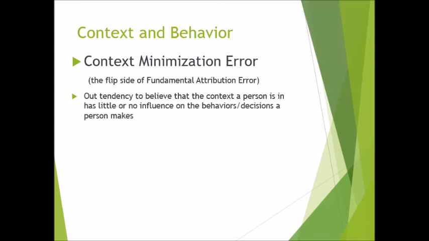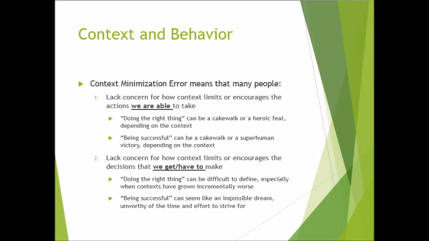It's like the flip side of these two issues. It's really important for us to recognize context minimization error and the impacts that it can have, because it can lead us to not notice or not attend to the limits or the encouragements that people may have towards certain actions.